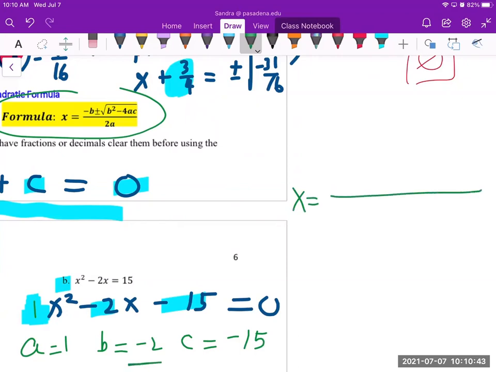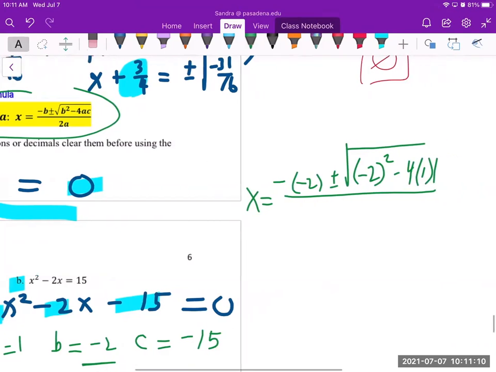I'm going to look at the b, it's -2, plus or minus the square root of b squared, which is -2 squared, minus 4 times a, which is 1, times c, which is -15, over 2 times a, and a happens to be 1.